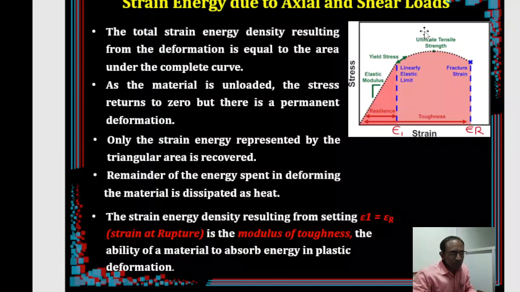What we discussed in this slide is that this part of the energy will be recovered, whereas this part of the energy will not be recovered and stays in the form of permanent deformation. When you take the area of this part, the strain energy density calculated in this region becomes your modulus of toughness.